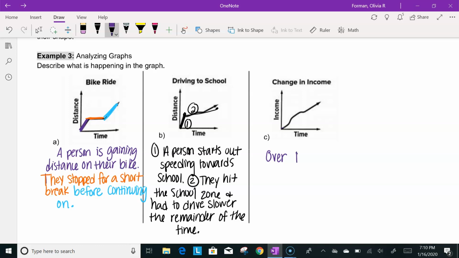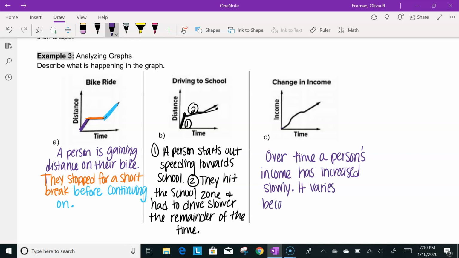So I said over time, a person's income has increased slowly. It varies because of commissions.